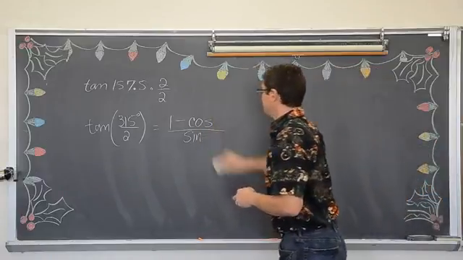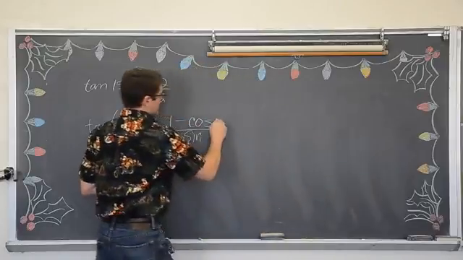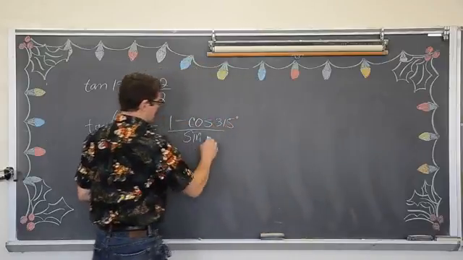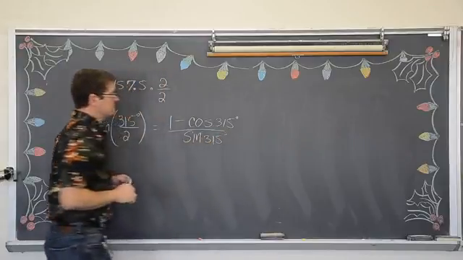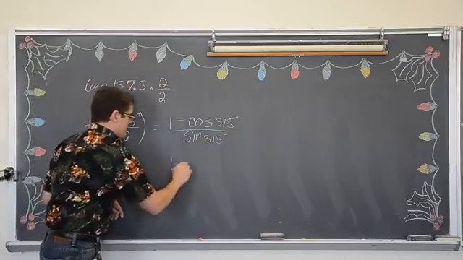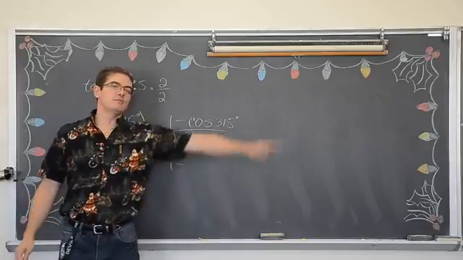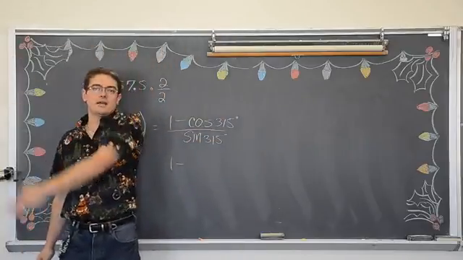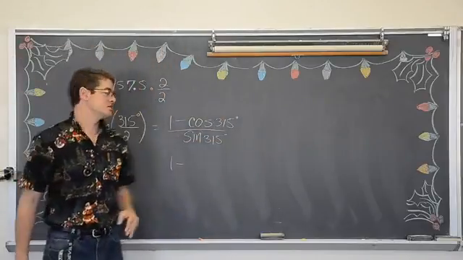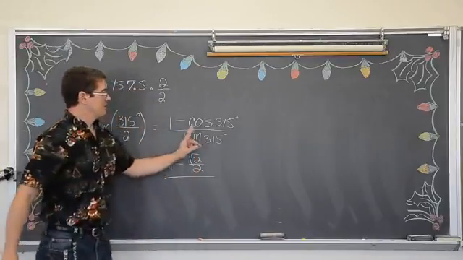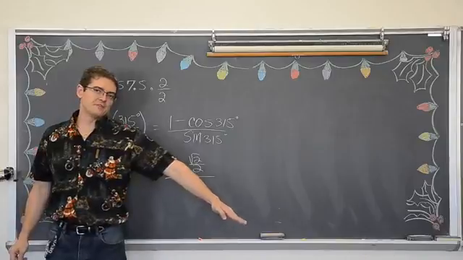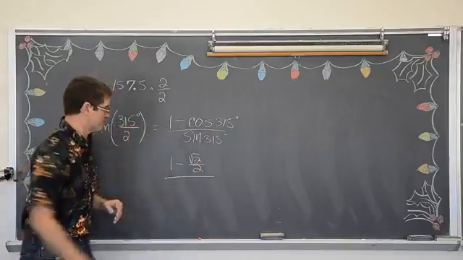So it's going to be 1 minus the cosine of 315 degrees over the sine of 315 degrees. So what do we have here? We've got 1 minus the cosine of 315 degrees, which is square root of 2 over 2, over the sine of the same 315 degrees, which is going to be negative square root of 2 over 2.